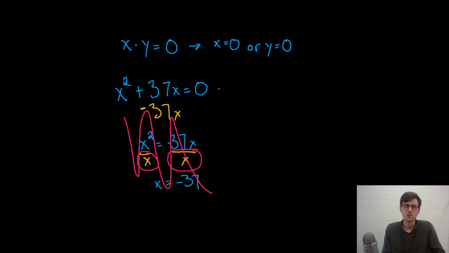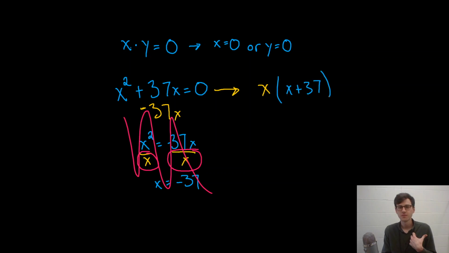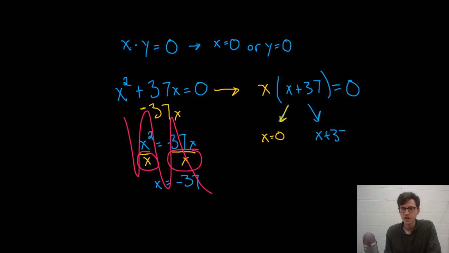Okay, so x squared plus 37x, I can factor out the greatest common factor of x, and I'm left with x plus 37. And that's equal to 0. Okay, now, two options, right? Either I have x times x plus 37. So either x is 0 or x plus 37 is 0.